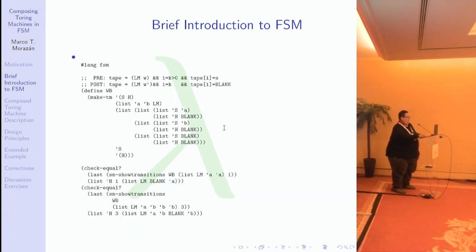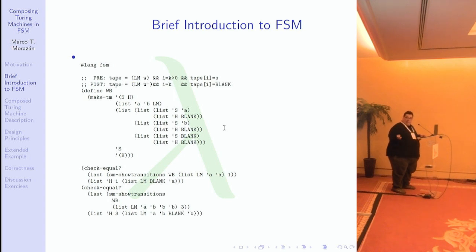Turing machines can also mutate the tape. Here's an example of a mutator. In the precondition, we have our word on the tape, the head on some position k greater than 0, and that position contains S. In the post condition, the word is mutated to W prime. The head is unmoved, but now the value at position i is a blank.